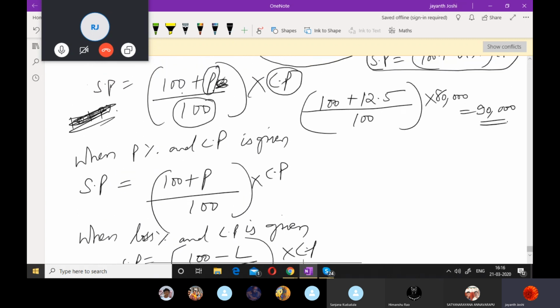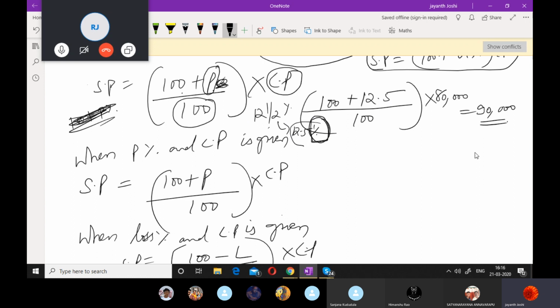Why? Because 100 plus 12.5, they have given you 12.5%. But I did not take this percentage. I directly took 12.5. Why? Because it is divided by 100.